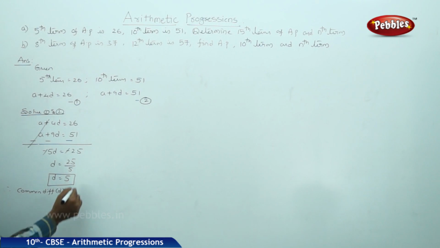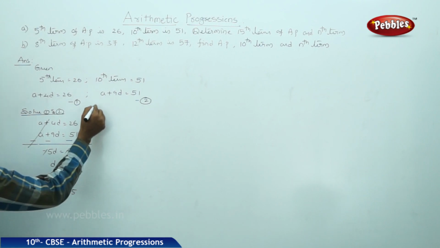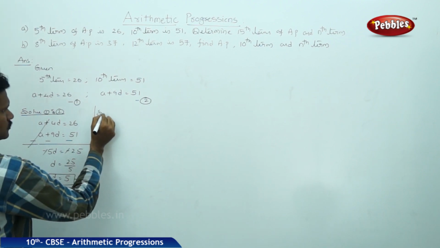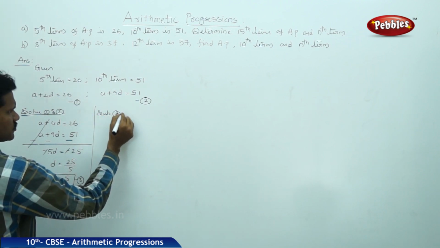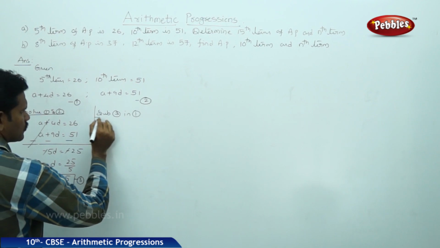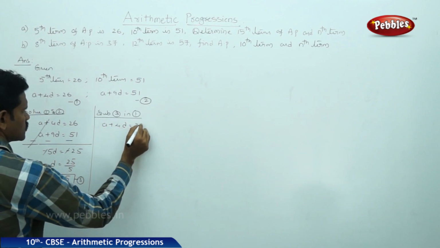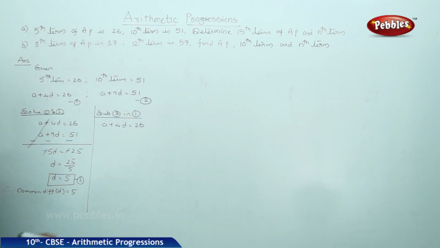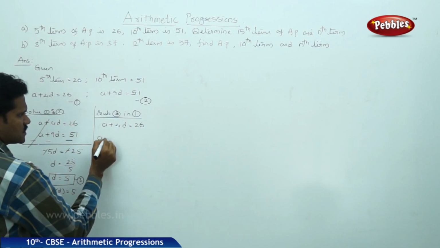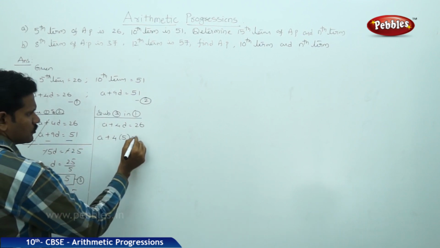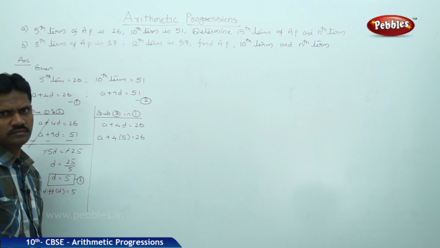Now, this is equation 3. Substitute equation 3 in 1, that is a plus 4d is equal to 26. That is a plus 4 times d, which is 5, equal to 26.